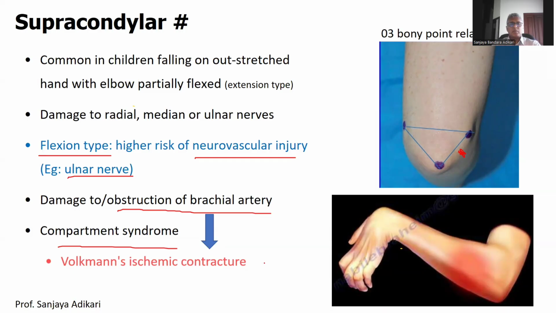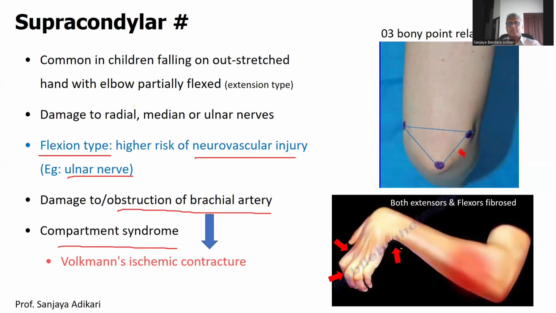But if there is equal fibrosis on both sides, then you see this typical Volkmann ischemic contracture deformity, where the wrist is flexed here, and the metacarpophalangeal joints are extended and the interphalangeal joints are flexed.